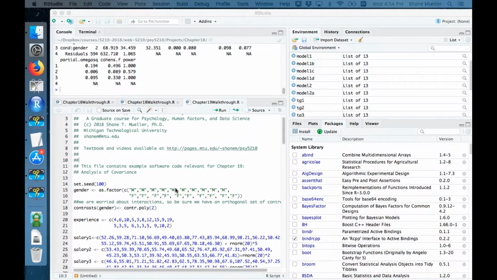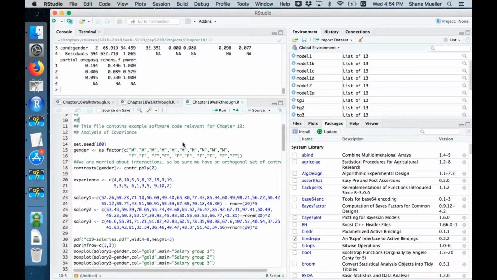Here's an example where it makes sense to incorporate the effect of a covariate, because it really helps you understand what's going on.